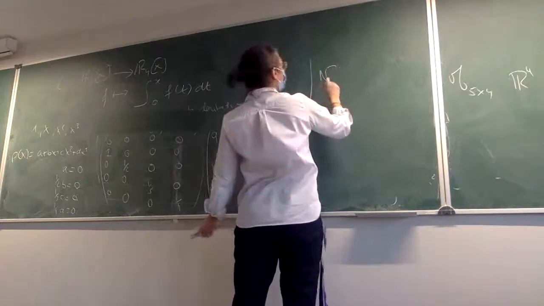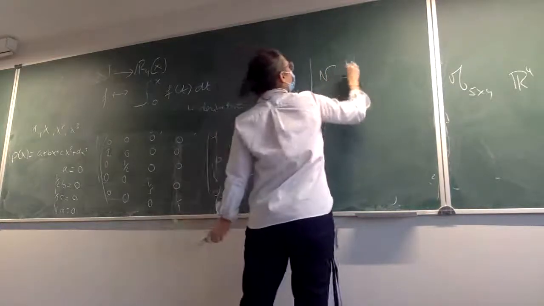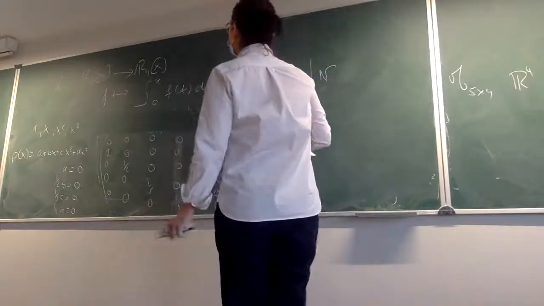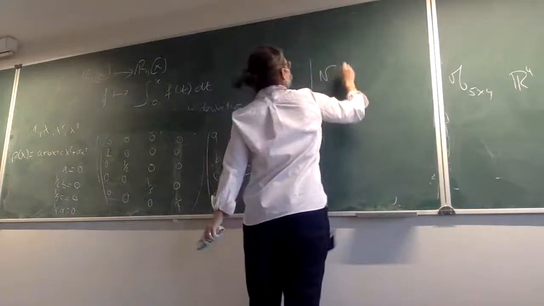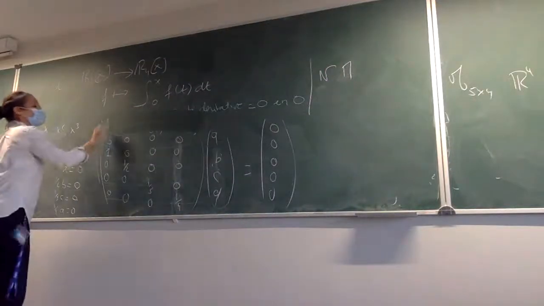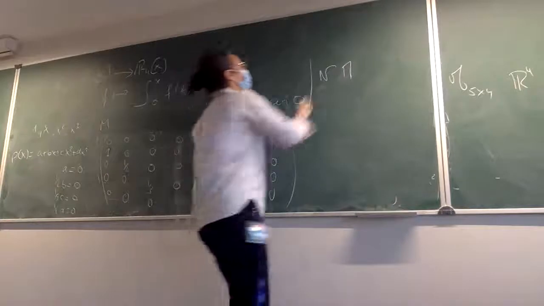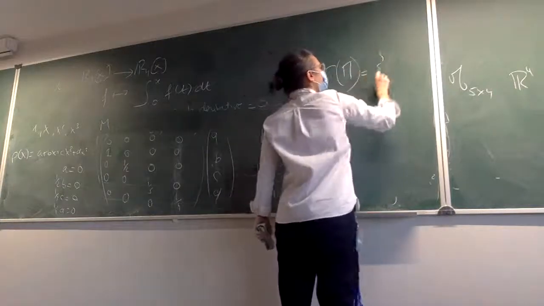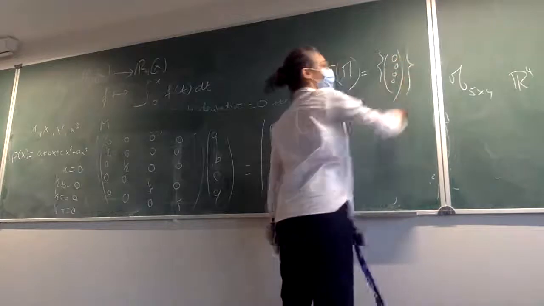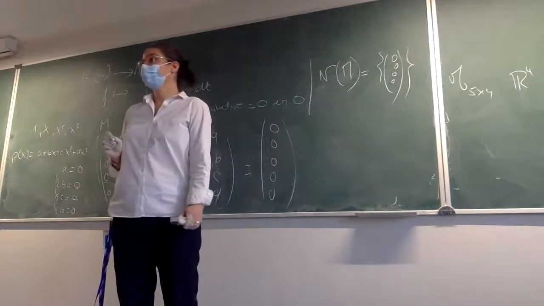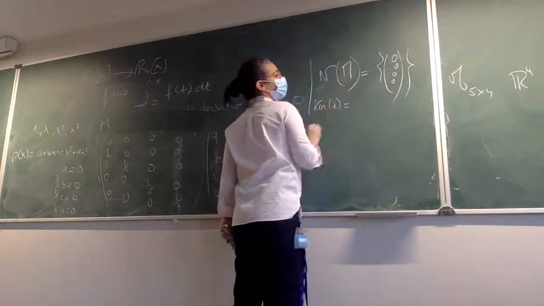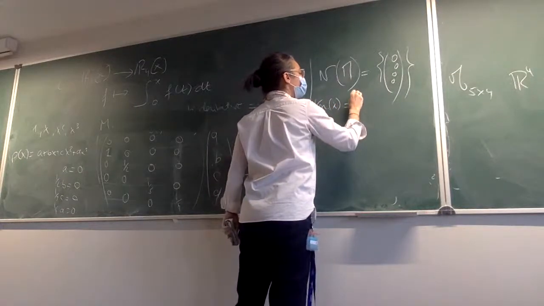Have I given a name to this map? Not I, I is just the identity. Map M. That's my matrix M. The null space of M is just 0, 0, 0, 0, and the kernel of I is just the 0 polynomial.